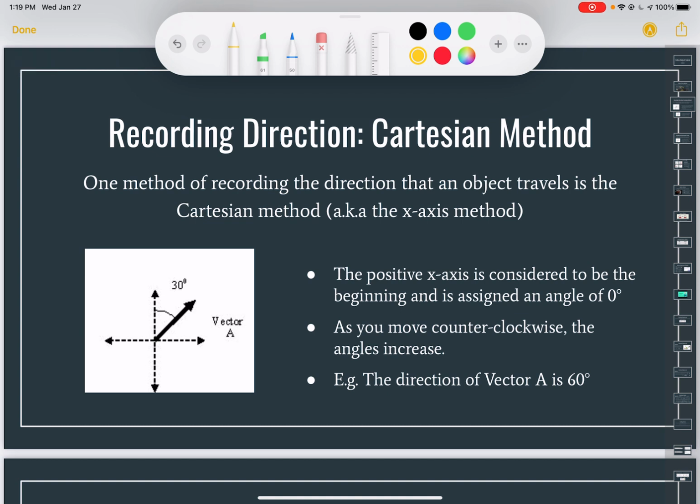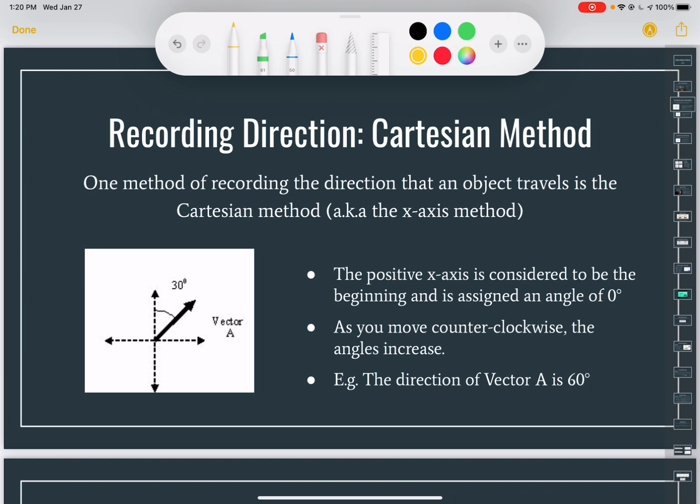So how we do this, it says recording direction. There are a couple of different methods that we can use, and this first one is called the Cartesian method. It says one method of recording the direction that an object travels is the Cartesian method, or the x-axis method. The positive x-axis is considered to be the beginning and is assigned an angle of 0.